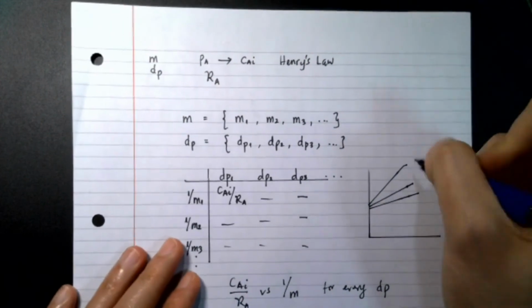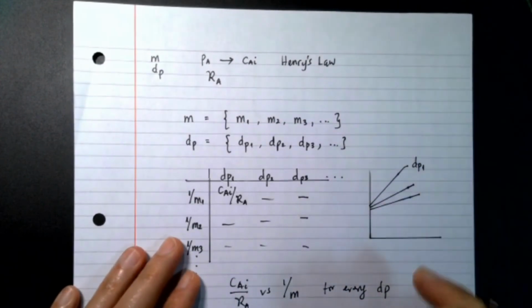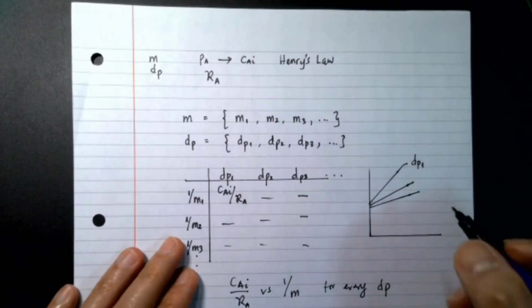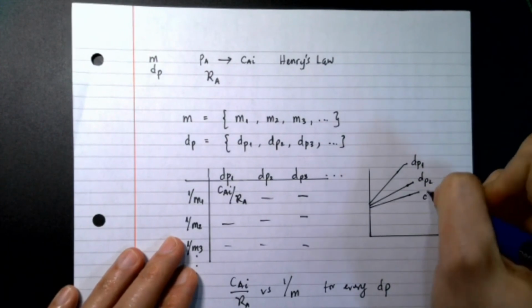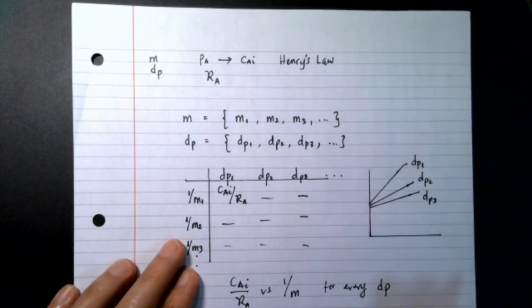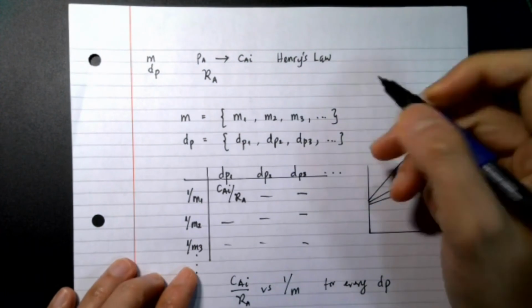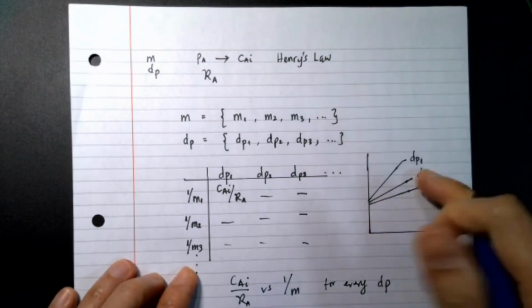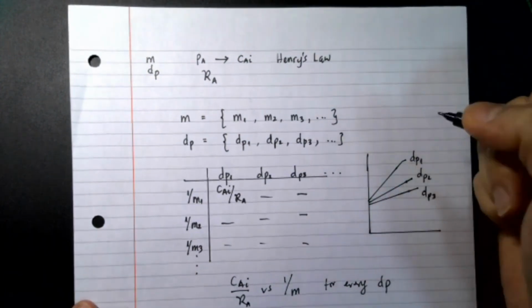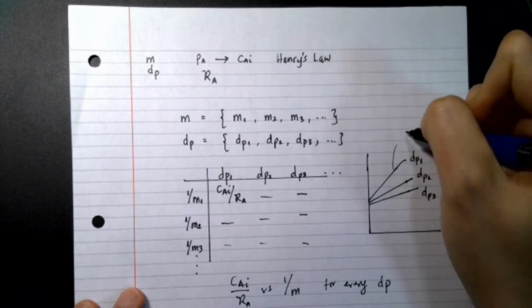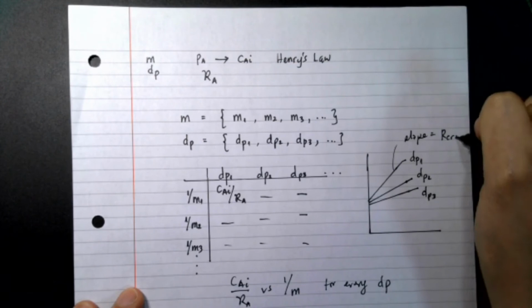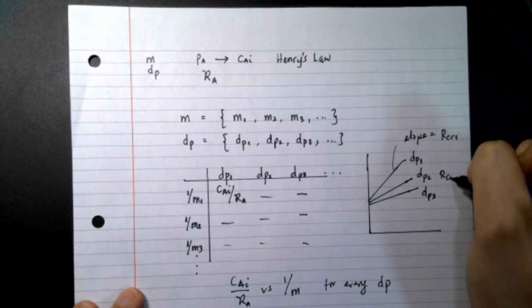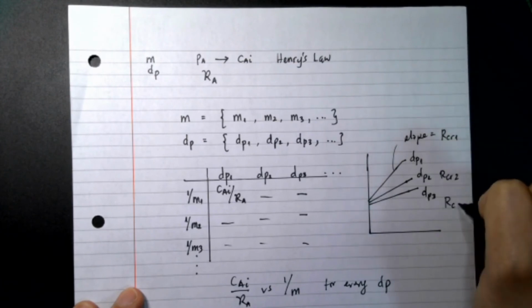Say this is for catalyst particles with size dp1, dp2, and dp3. For each plot, you will be able to calculate the slope. So say for this one, the slope is equal to RCR1. For this one it is RCR2. This one is RCR3.